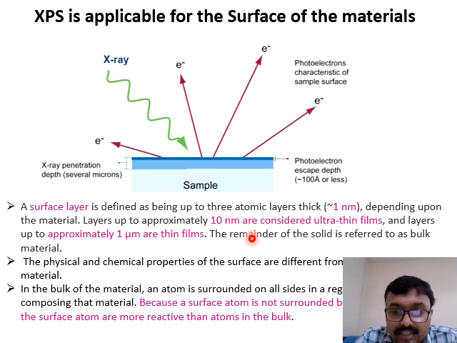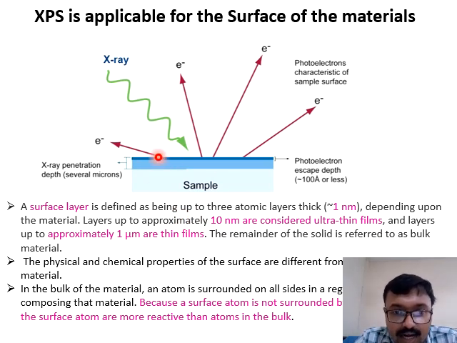An ultra thin film will be 10 nanometer. So in a surface, we can say there are some layers, and if we make a thin film, there are some layers. Depending on the depth of the layers, we can divide into 3 categories: only surface, which has 3 atomic layers, ultra thin film of 10 nanometer, and thin film of 1 micrometer.